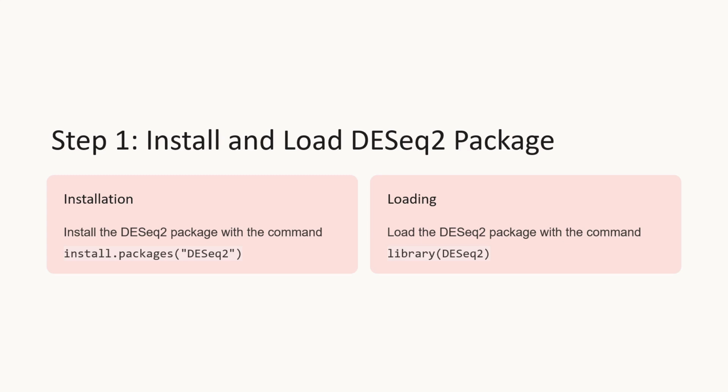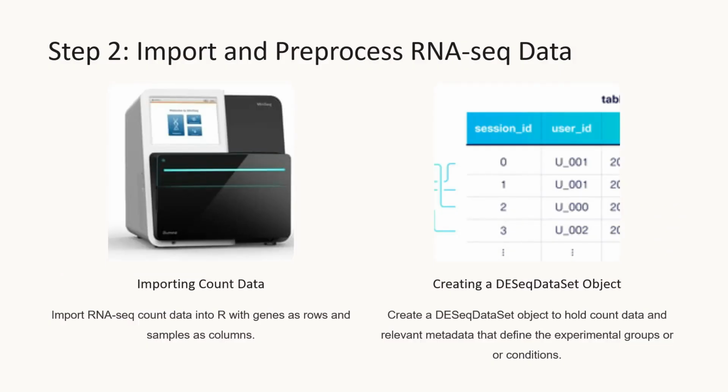After installing DESeq2, we load the DESeq2 package by using the library word, and then we move on to importing our RNA sequencing data. I told you earlier that NGS analysis or RNA sequencing gives us some kind of data. So we import the counts data that we get.